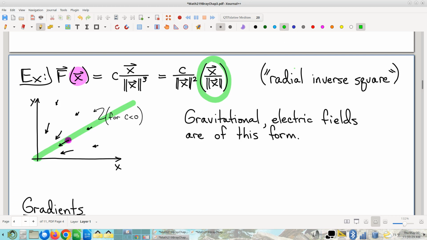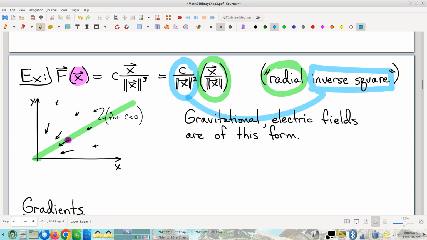And that's what we're going to call a radial direction, because it comes out of the origin radially, right? And then look at the resulting magnitude. You can see right there that magnitude is inverse square. Right? So the farther we are out, the greater the magnitude of x, the smaller, in an inverse square way, the magnitude of the field vector is. So that's why we get longer arrows close to the origin and shorter arrows farther from the origin. Is everybody on board? Okay.